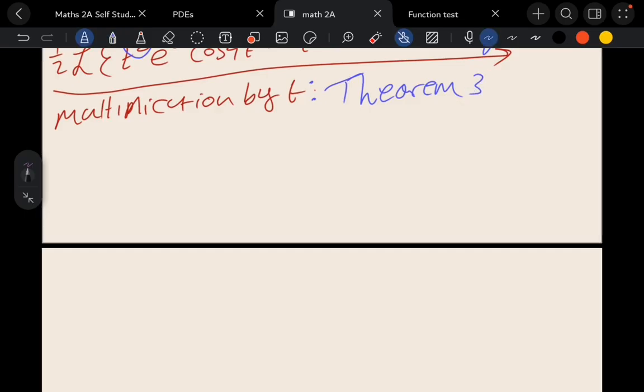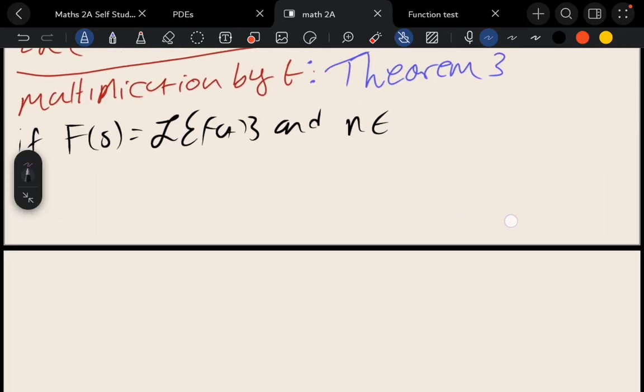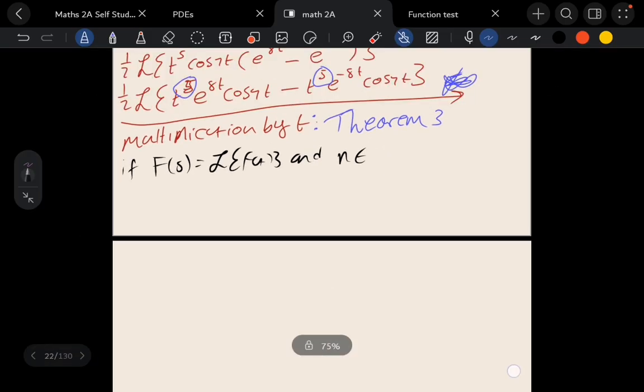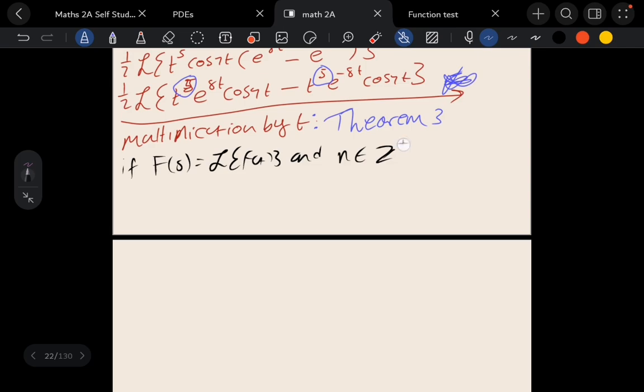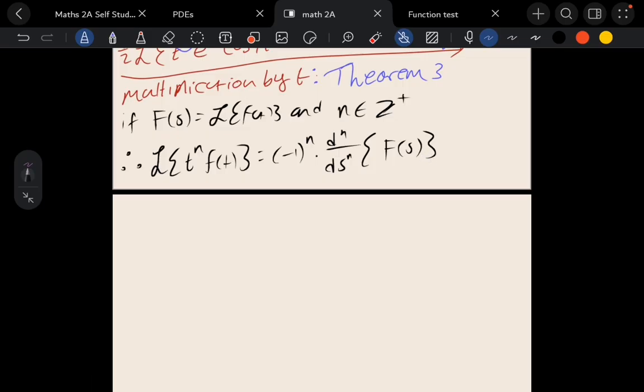It states that if F(s) is equal to the Laplace transform of f(t), and n is an element of the positive integers, therefore the Laplace transform of t to the power n times f(t) is equal to (-1)^n times d^n over ds^n of F(s), like that.